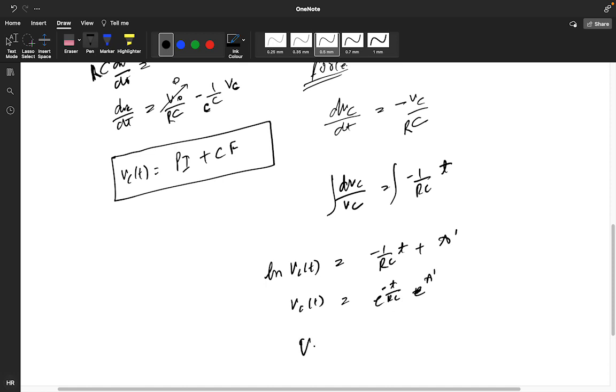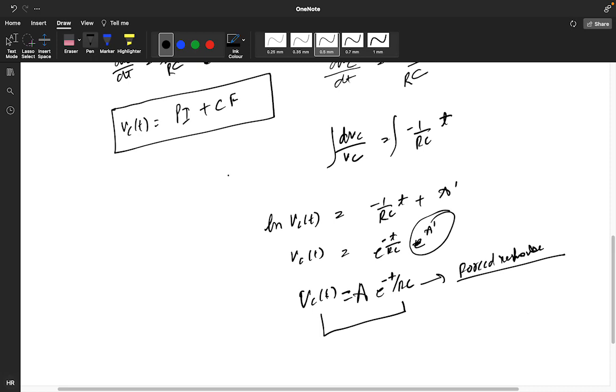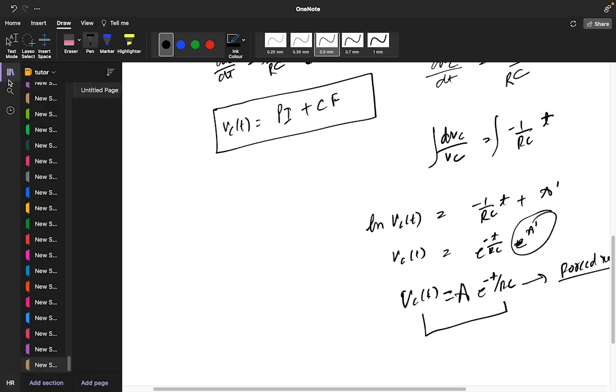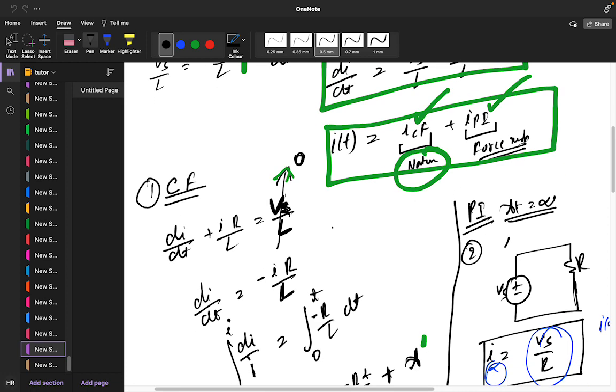So VC of T, I am writing as a term only, A e power minus T by RC. So this is your forced response. Okay, so we got our forced response like yesterday.